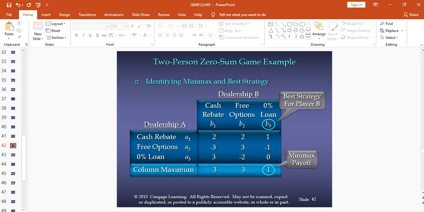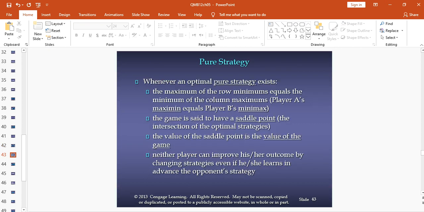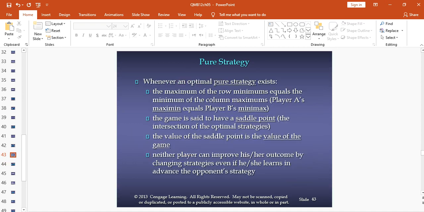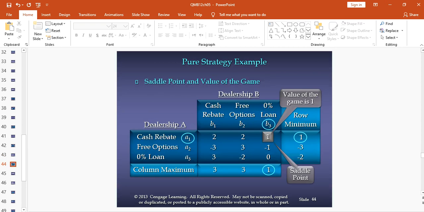Okay, we have one of them which is pure strategy. Okay, let's explain what's pure strategy through the example.